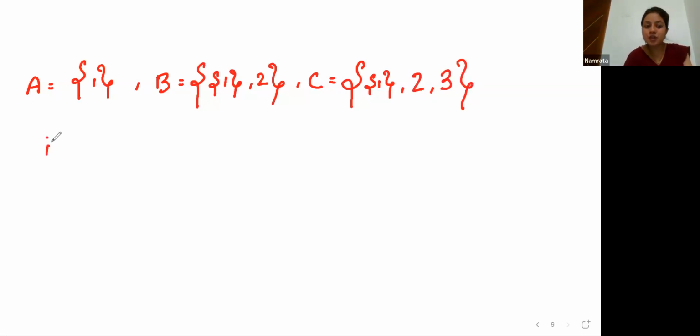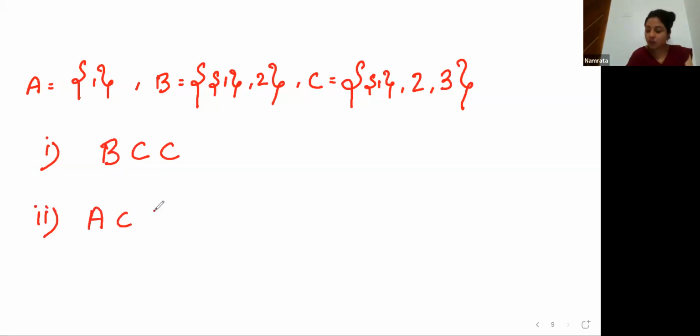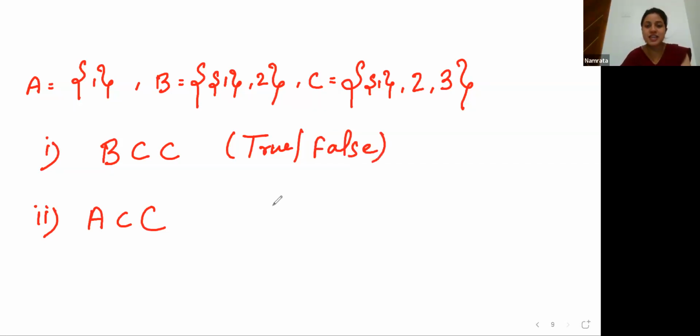Now there is a true false question. Okay, two questions are there. B is a subset of C and A is a subset of C. We have to say whether the first statement is true or false. And also whether the second statement is true or false.